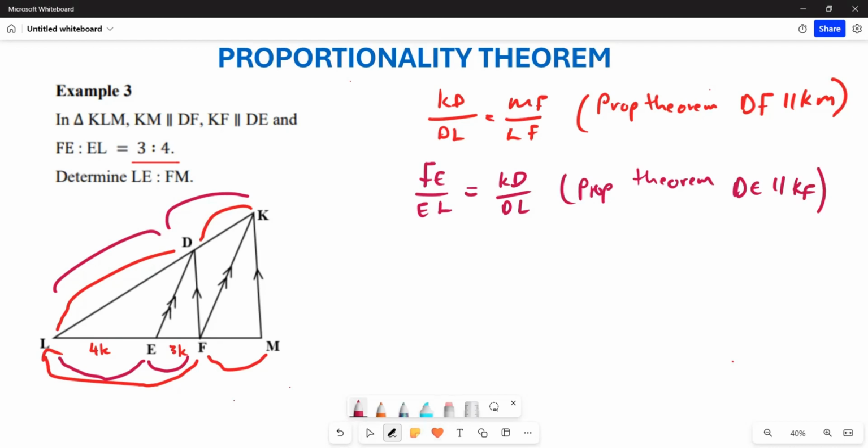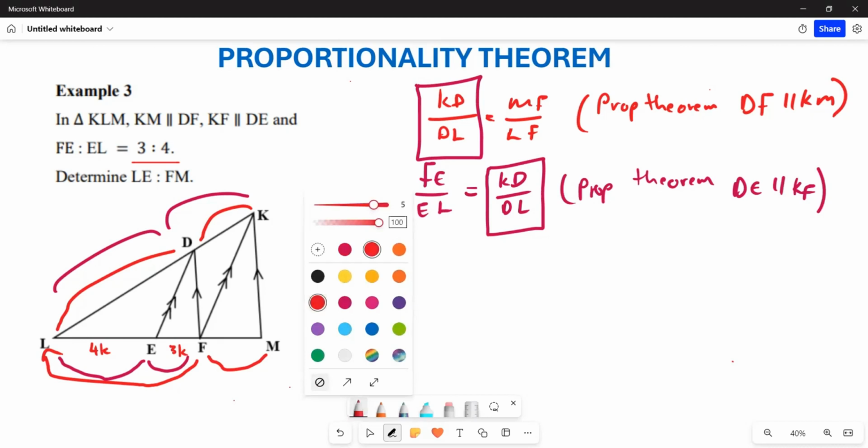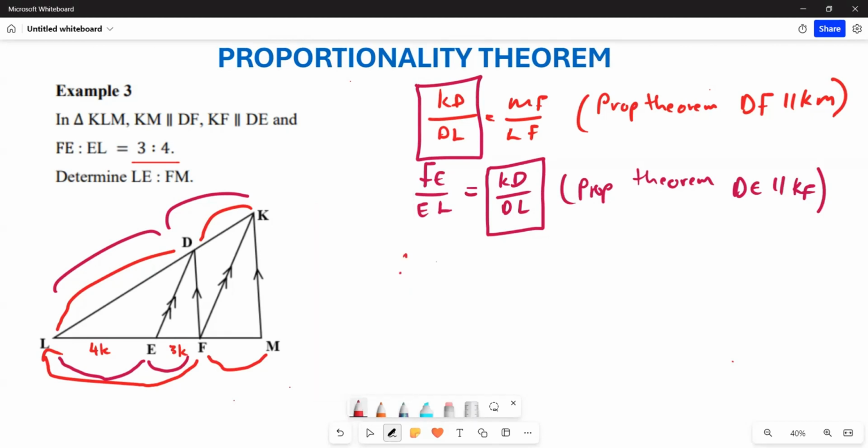Now, look at these two things. I see a KD over DL here, and also here. So I can draw the conclusion that FE over EL is equal to MF over LF.